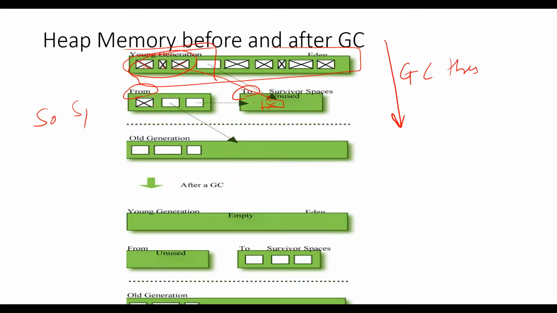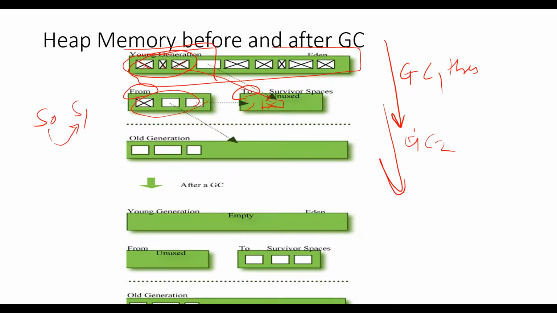Now when the next GC cycle occurs, the second GC, this was the first, now the second GC. What will happen? Whatever objects are there in your survivor from space will get moved to the survivor to space, so S0 to S1, and the same will happen with the Eden generation.